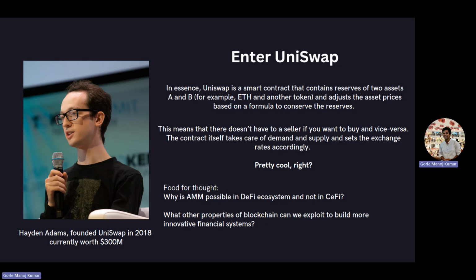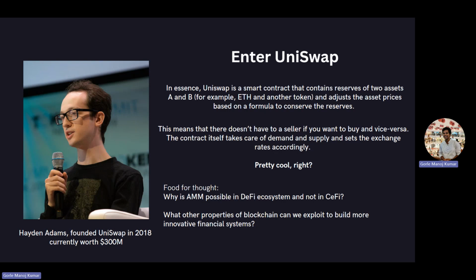The beauty of this approach is that nobody can mutate the smart contract or change the protocol's objectives, right? Which means that the formula inside the contract will always be respected, so there is absolutely zero chance of a fraud happening. So this contract takes care of demand and supply, sets the exchange rate, and that is cool.